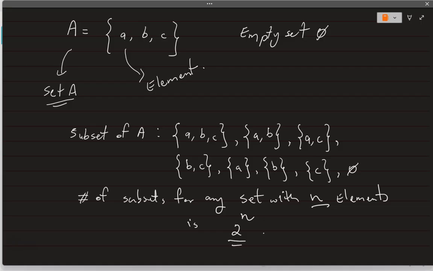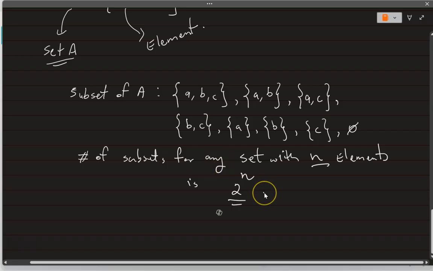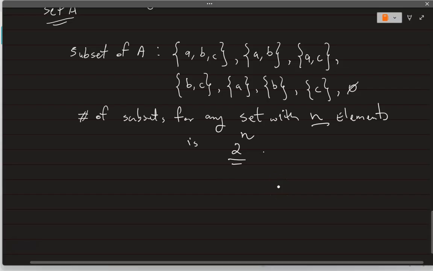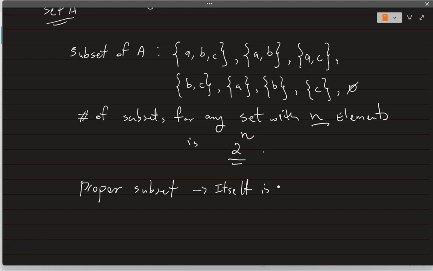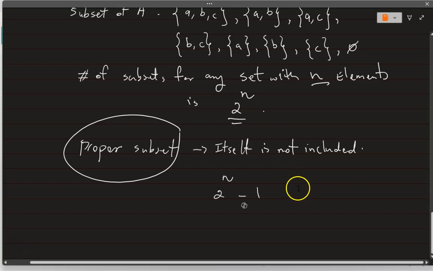That's the number of subsets that you get. Now, if you don't include the set itself, then you will have what is called the proper subset. That means the set itself is not included. And in this case, the number of subsets will be 2 to the n minus 1. Okay? So that's what that would be.